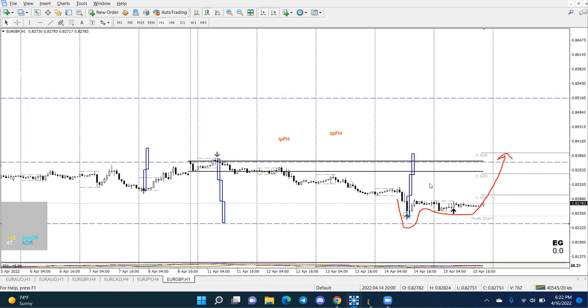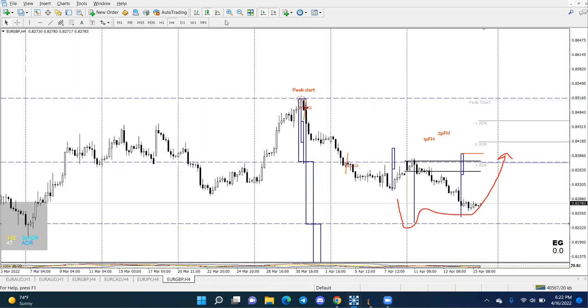It's exactly what you need to do, okay? So now this is my next area where I'm going to target to take the profits. And then we'll wait and see what happens on H4. So let's go ahead and go back to H4.